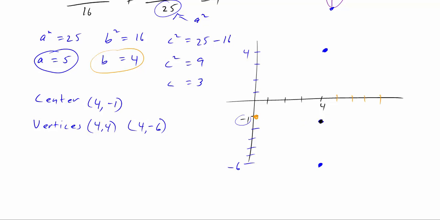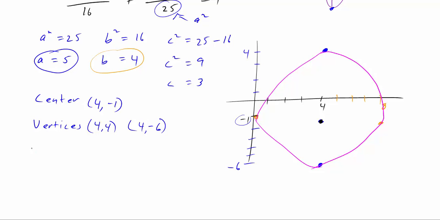And then if we count over 4 units to the right, that would put us here at 8. Now remember, we're down at negative 1. So then we would have our ellipse that would look something like this. Not quite drawn to scale, but just as long as we have a reference for this.